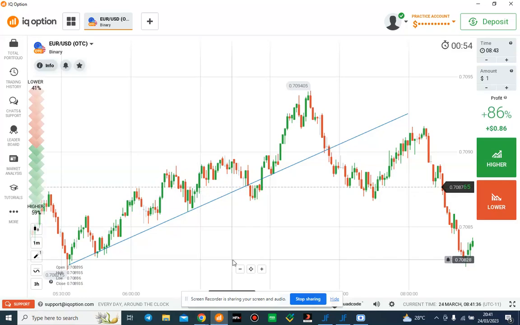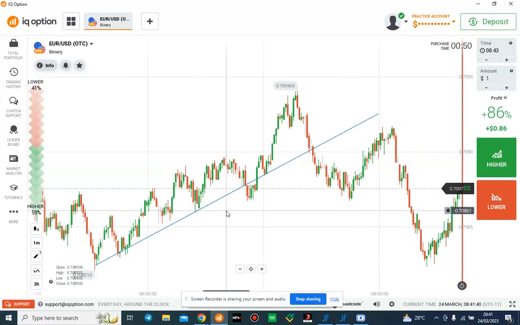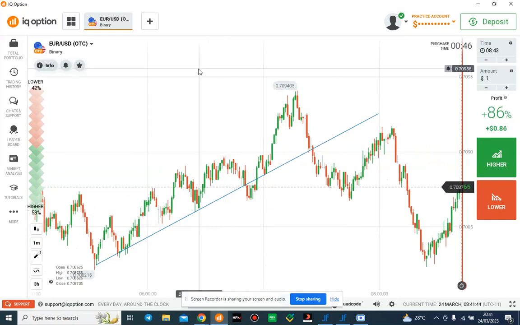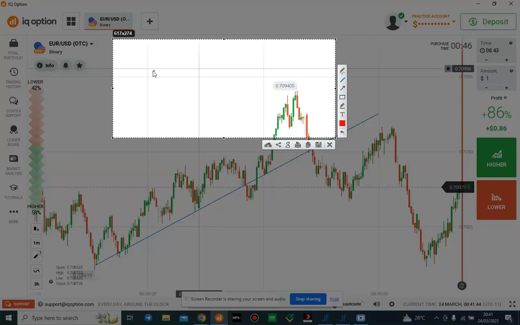Okay. Now there are so many ways the market can give you a false breakout or a real breakout. Let me show you some examples. Let's say we have a resistance area, then we see the price approaching the resistance. Then at first, the market breaks the resistance line.